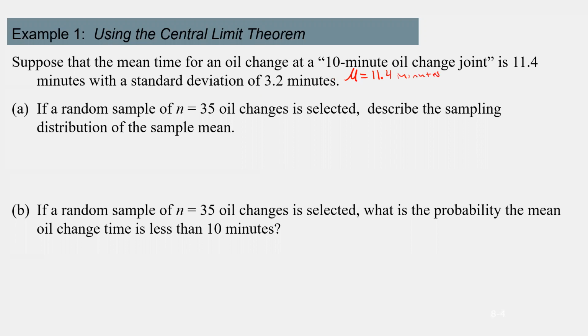Does it really seem like a 10-minute oil change joint? Not really, right? Because on average, you're waiting 11 minutes, but we won't nitpick them. And it says a standard deviation for the time that you have to wait for your oil change is 3.2 minutes.